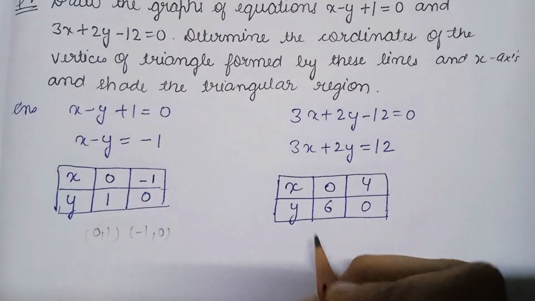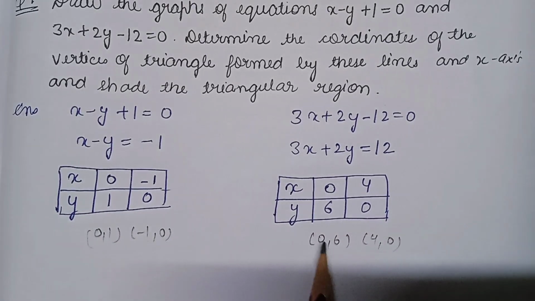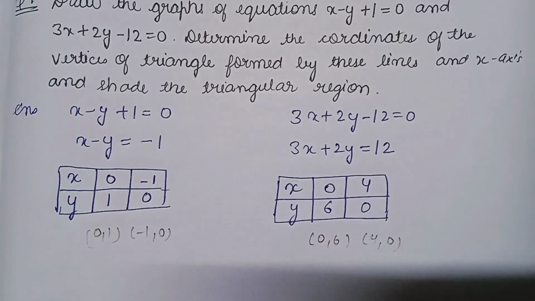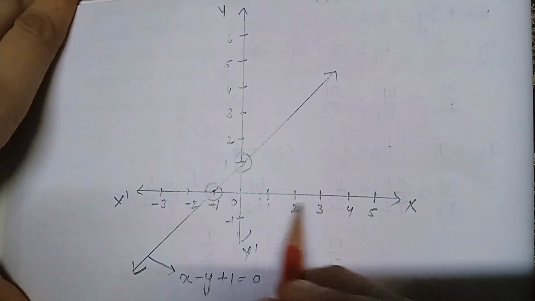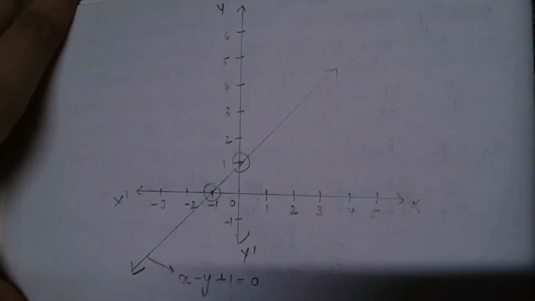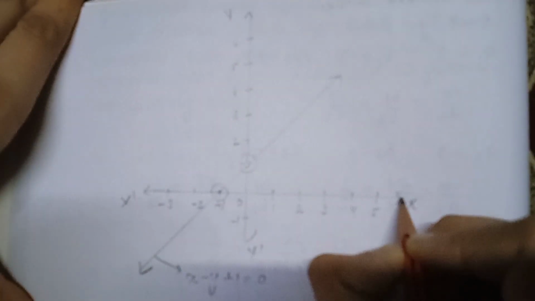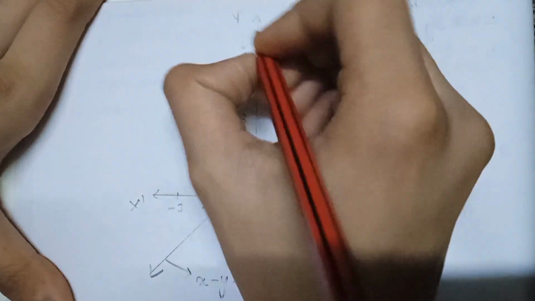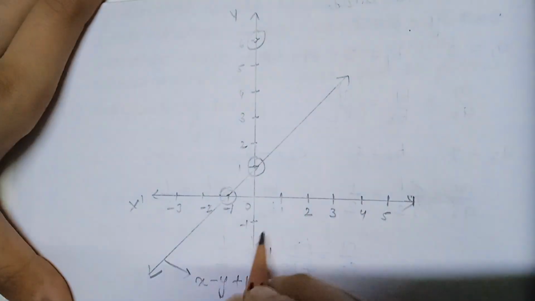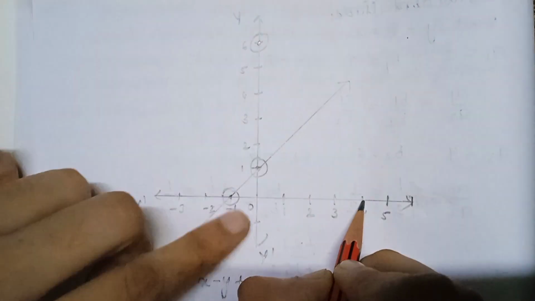Now for the other equation, the points are 0, 6 and 4, 0. 0, 6 will be somewhere here. So 0, 6 and next is 4, 0.